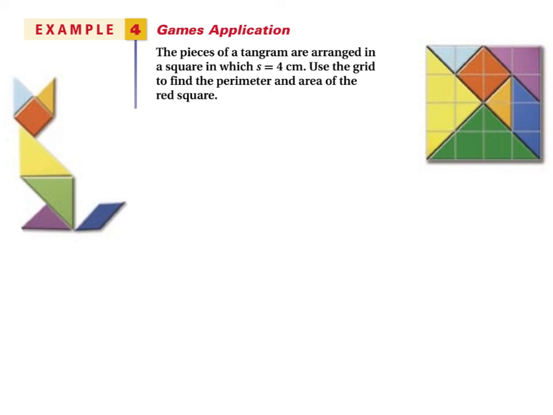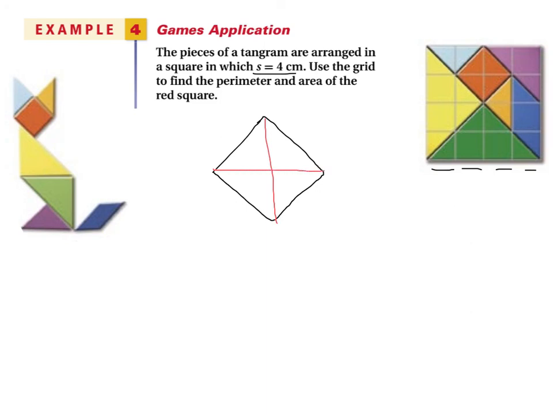In example 4, we have a tangram, and we need to use the grid to find the perimeter and the area of the red square. Right there. So we know that the side length is 4 centimeters, so each box represents 1. So I'm going to draw the red square right here. Actually, let me change it to my red marker.